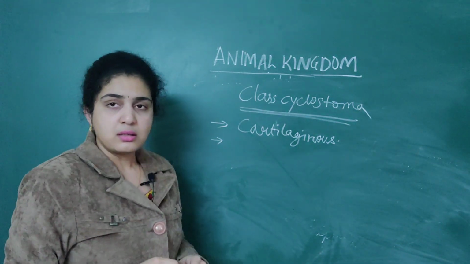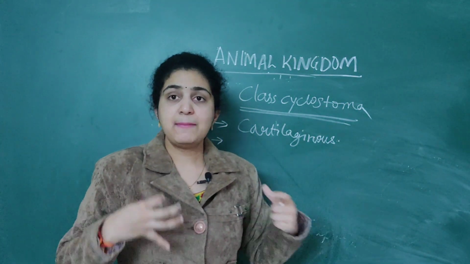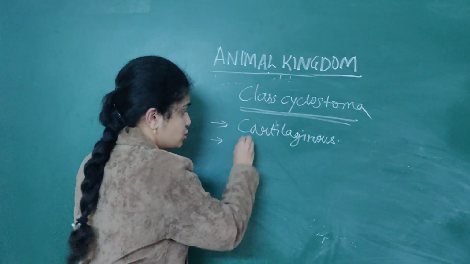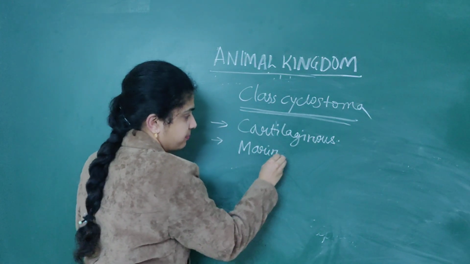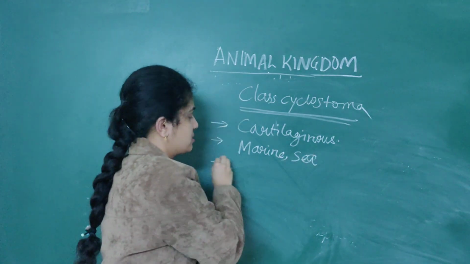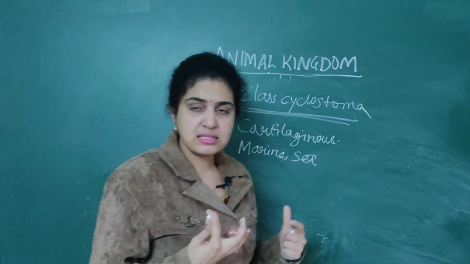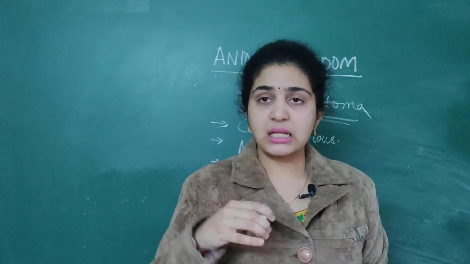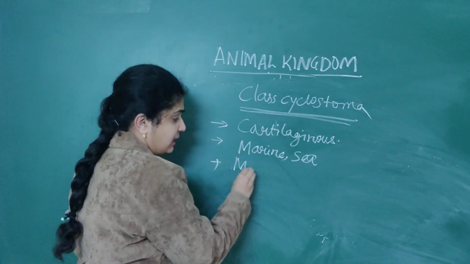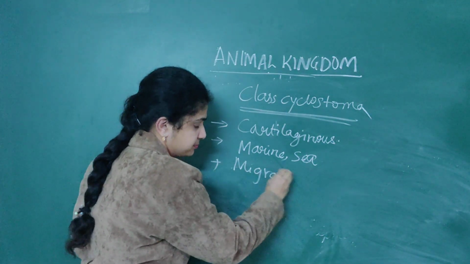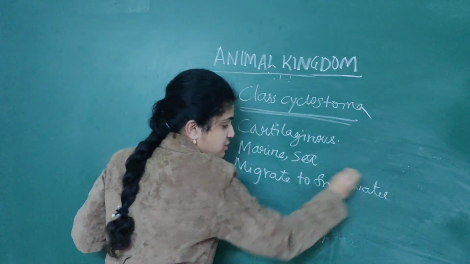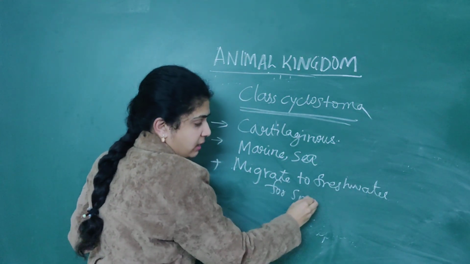Next, they are mostly marine organisms and they mostly live in the sea, in saline areas. But they migrate to fresh water for spawning. What is spawning?